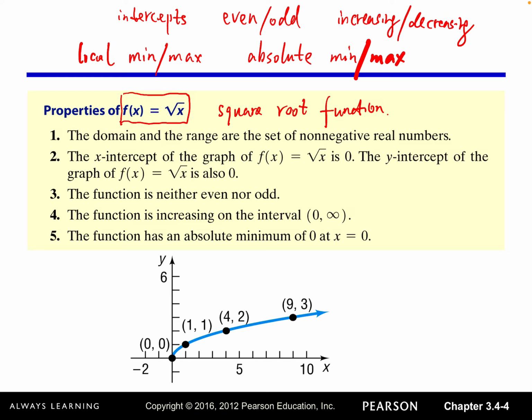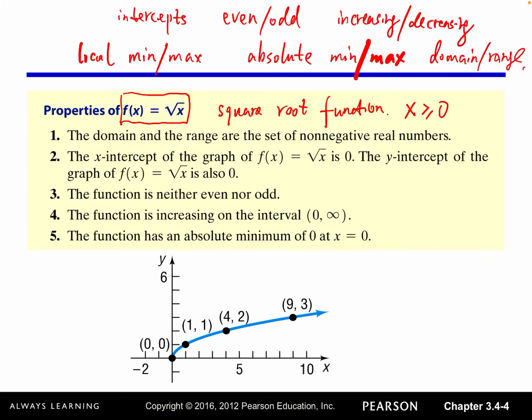And then let's see the square root function. Remember the domain of the function when we have a square root, an even index of the roots, the requirement is the radicand must be greater than or equal to 0. So that's the domain, and also the range. Don't forget that, domain and the range.